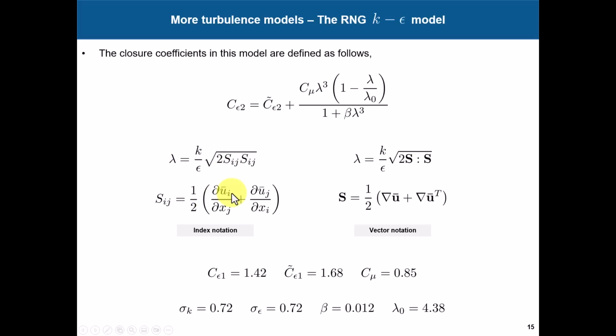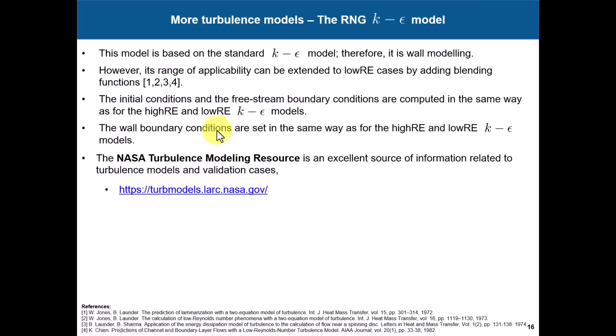So as you can see, you add a little bit more complex relationships to the coefficients to add a dependence on another variable, and you can get an improvement of the model. Your other coefficients, as I mentioned, C mu, and look at that, C mu in this case is 0.0845. It's not anymore 0.09. If you want, you can change it, but this is the original formulation.